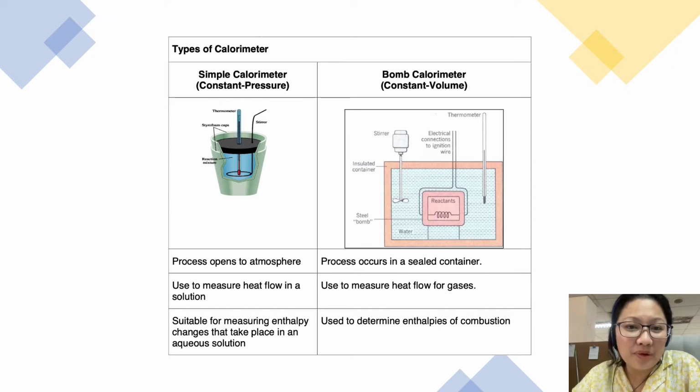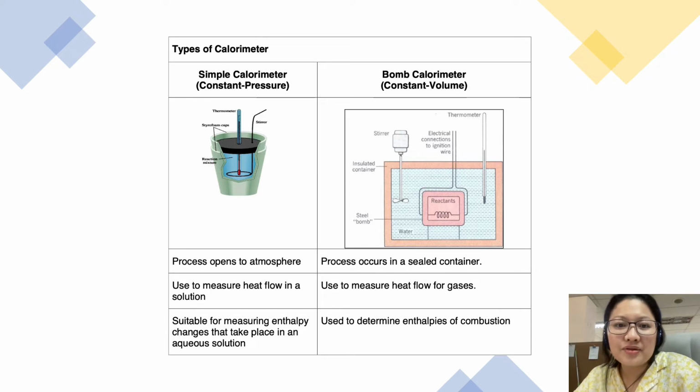Okay, so this is the bomb calorimeter. Usually this is what scientists or food technologists will use. As you can see here, the process occurs in a sealed container. So this is the container. Sorry, no, this is just not the box. This is the container, and it is used to measure heat flow for gases, and it is used more in enthalpy of combustion.